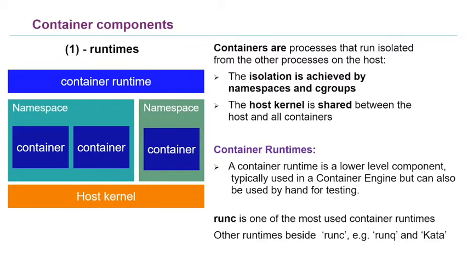The containers run in isolated namespaces, as we mentioned at the beginning, using cgroups, control groups, and namespaces, right? Today the most popular runtime is runC, but there are other runtimes available, and in a secure service container, for example, we have runQ as a runtime, and there are other runtimes like Kata Containers, which go even a step further in isolation.